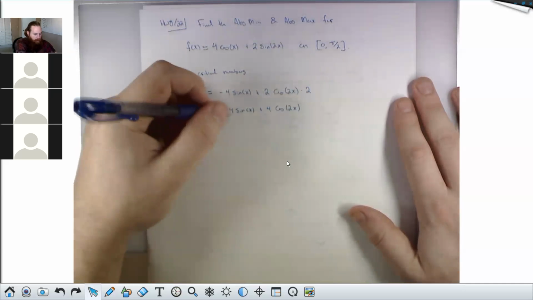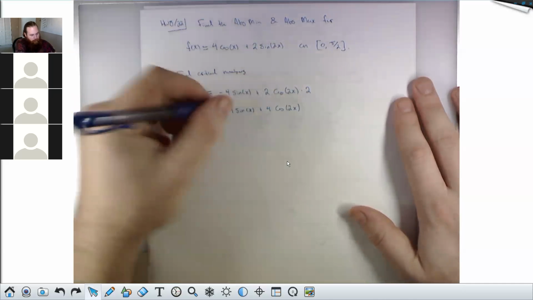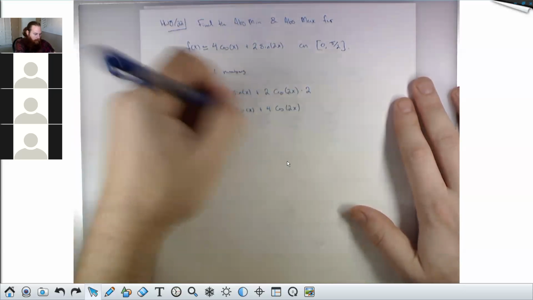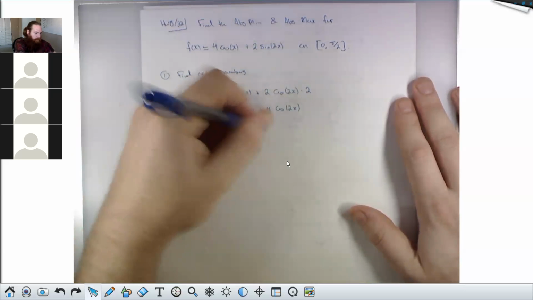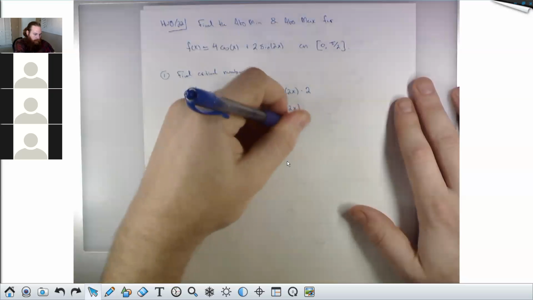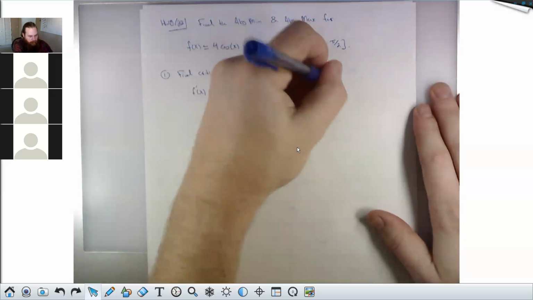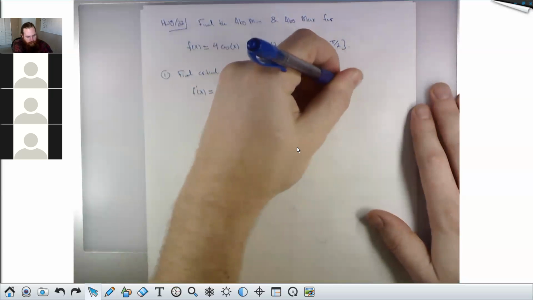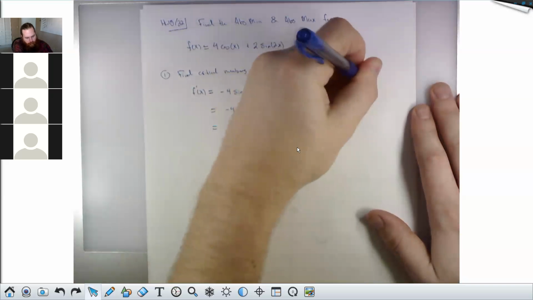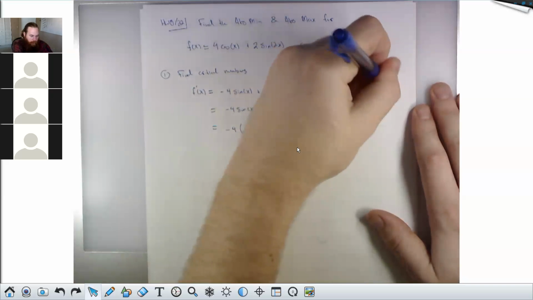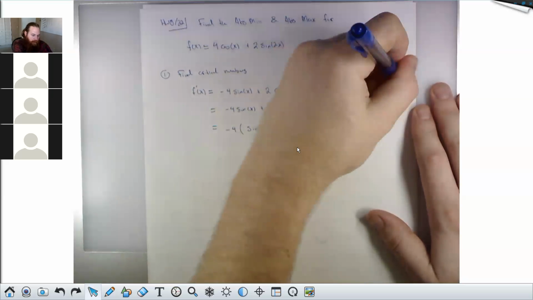And then let's factor out a negative 4. This will be sine x minus cos 2x. And I want to set this to 0. Now, setting this to 0 as it is is a little bit complicated. So before I do that, I'm going to use a double angle identity for cosine. Cos 2 theta is the same as cos squared theta minus sine squared theta.